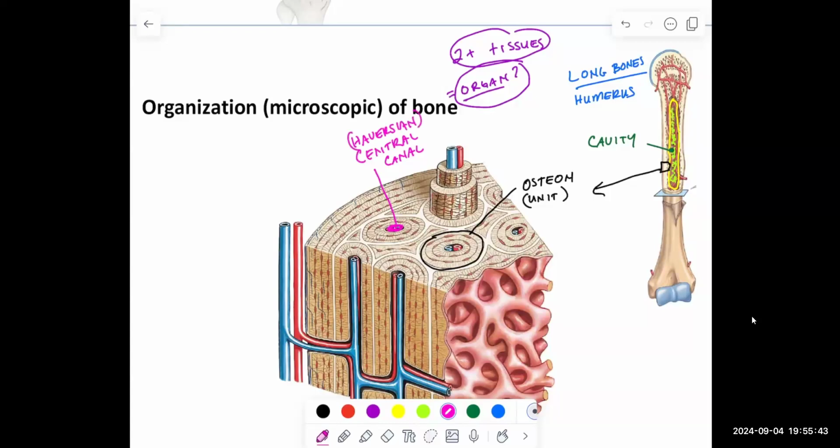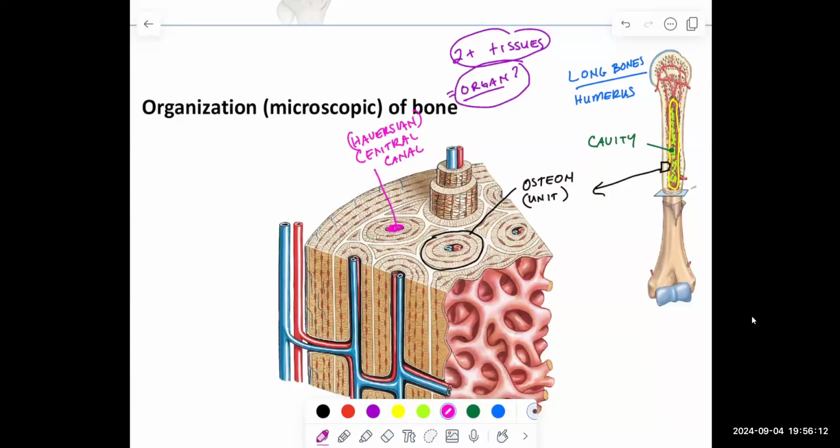So you will see both names for this. Haversian is the name of the scientist who described the central canal. By the way, that's why a lot of anatomical names have multiple names, because multiple scientists described it. Some happen to put their names on it, and it's usually white males. Unfortunately, that's the way it is.